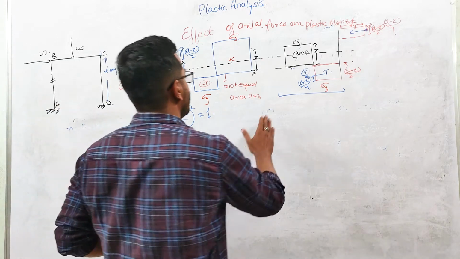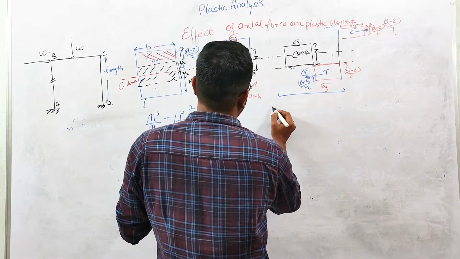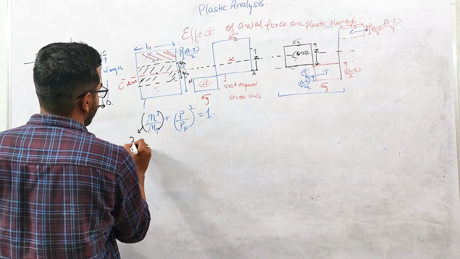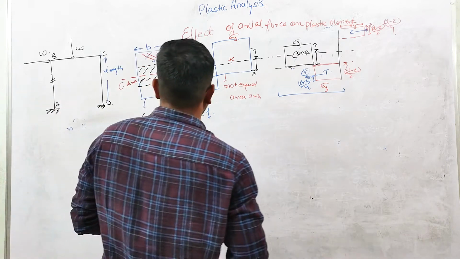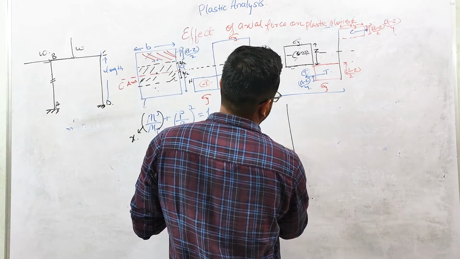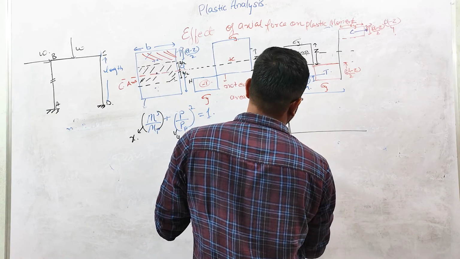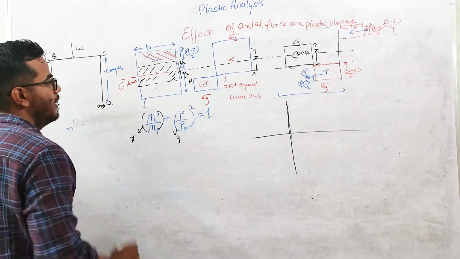So now here you will see a very important thing. If you draw, let us suppose I am taking this as a variable x and this as a variable y, and you plot the relationship between these two variables, the curve will look like this.